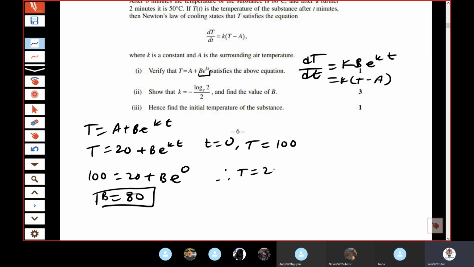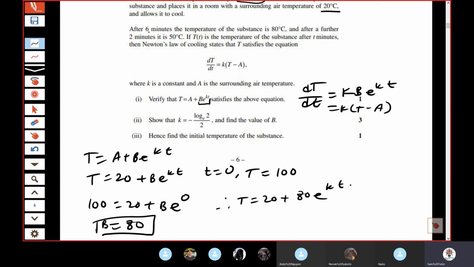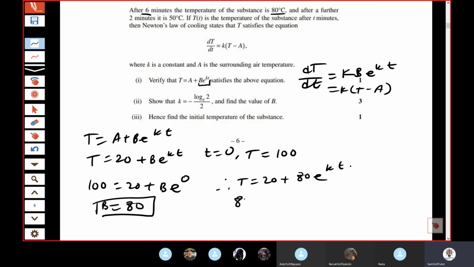Therefore, T equals 20 plus 80 e^KT. Then you use the second set of conditions. After 6 minutes, the temperature is 80. So 80 equals 20 plus 80 e^6K. 80 take away 20 is 60. 60 on 80.